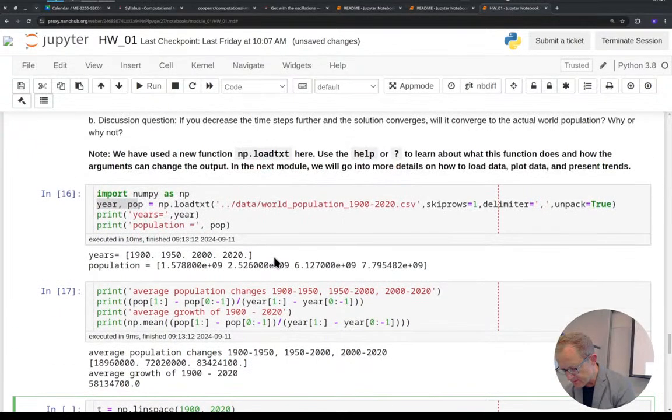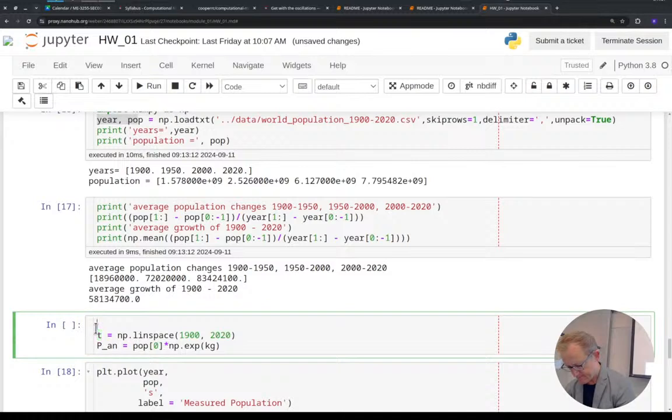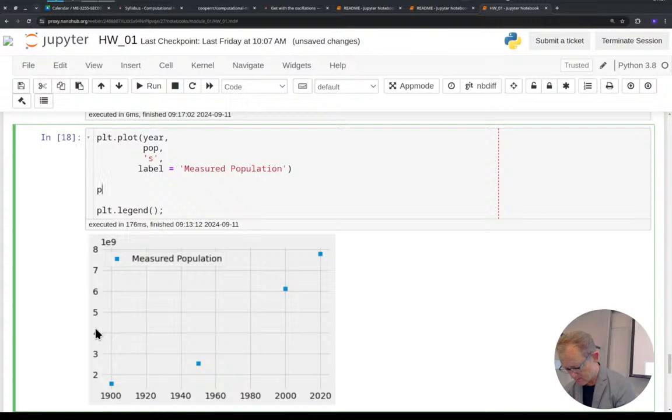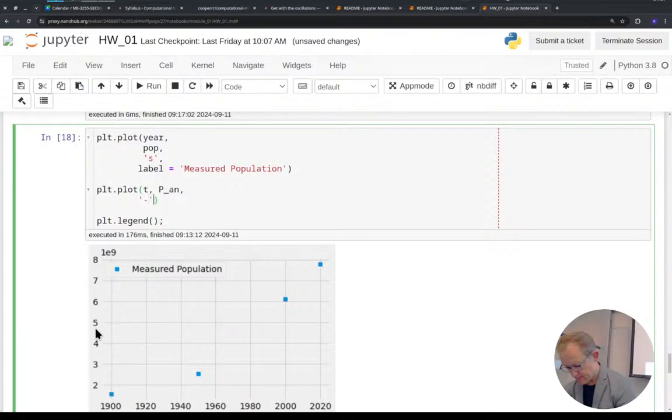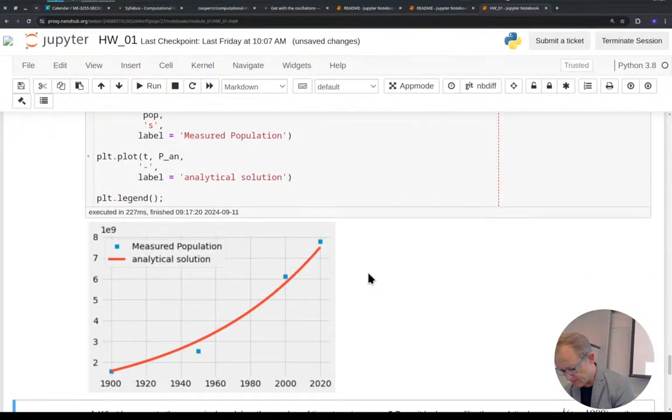And did I define it yet? I don't think so. And now I've got the exact solution to dP/dt equals kP plotted on top of the actual measured values of the populations, the reported populations.